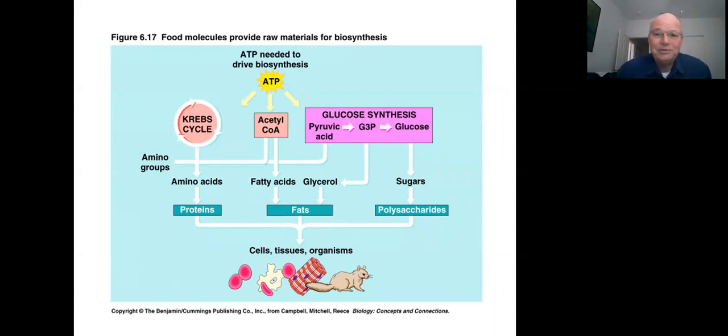There are alternative pathways that allow you to run the chemistry in reverse, not the chemical reactions, but the chemistry, and be able to make these raw materials.